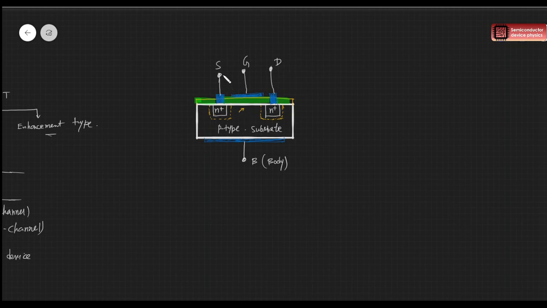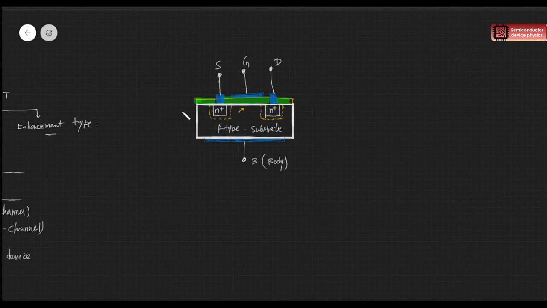If you just simply connect source and drain, there will not be any current flow. When the MOSFET is not connected to any potential and there is no formation of any channel, this kind of MOSFET we call an enhancement type MOSFET. So in an enhancement type MOSFET, there is no channel. We'll get to this concept of channel more later. There is no path which can connect the source to the drain, because these electrons cannot simply go and reach the drain.